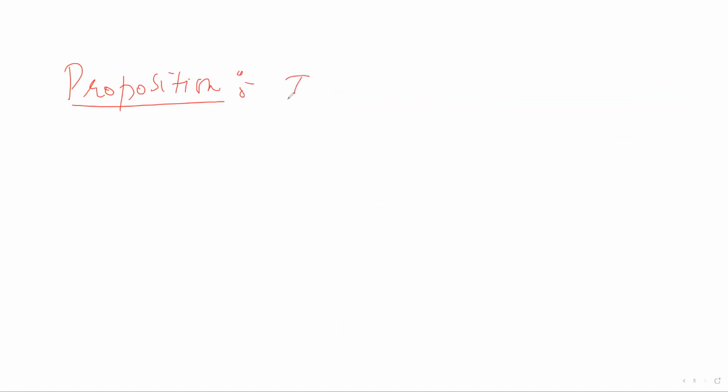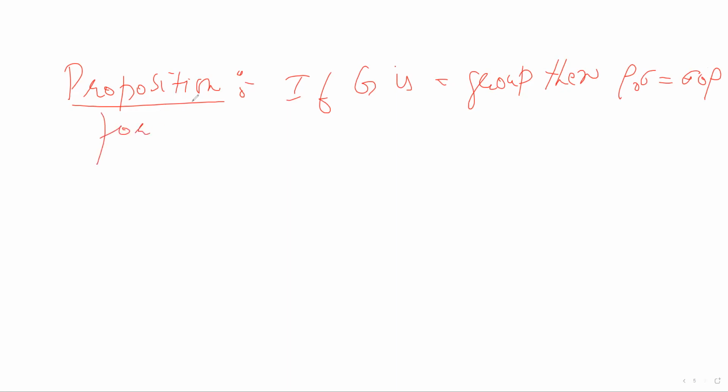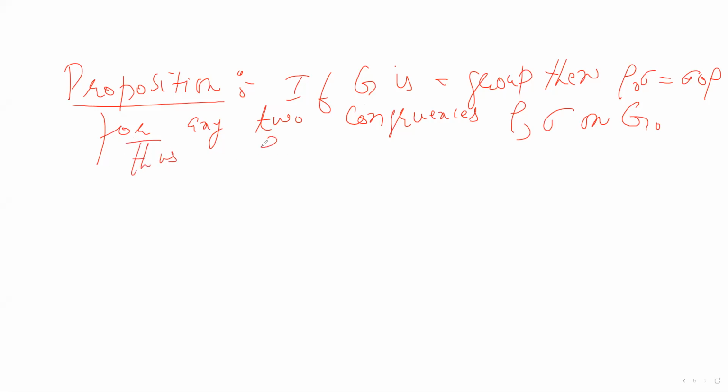If G is a group, then rho composition sigma is the same as sigma composition rho for any two congruences rho and sigma on G. Thus rho join sigma is the same as rho composition sigma.